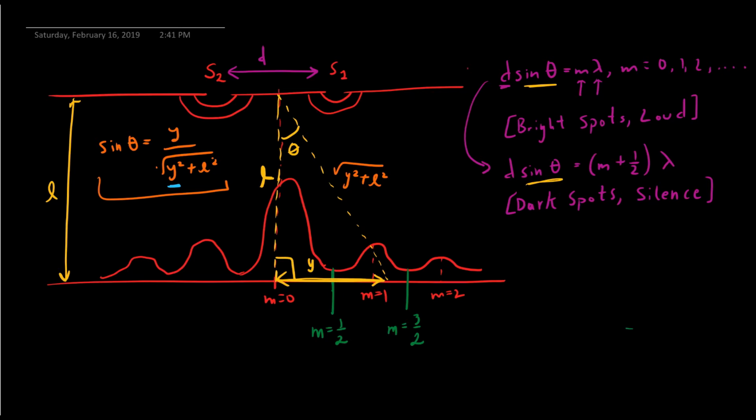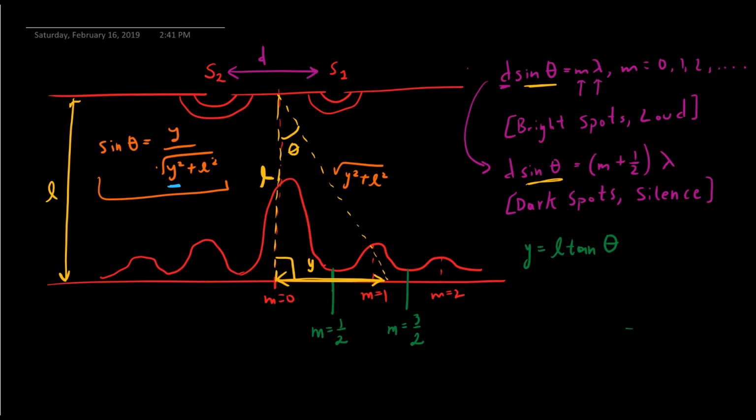We could resort to SOHCAHTOA, or we could resort to the law of sines, but in any case they will all yield the same expression, and that is y is equal to L tangent of theta.